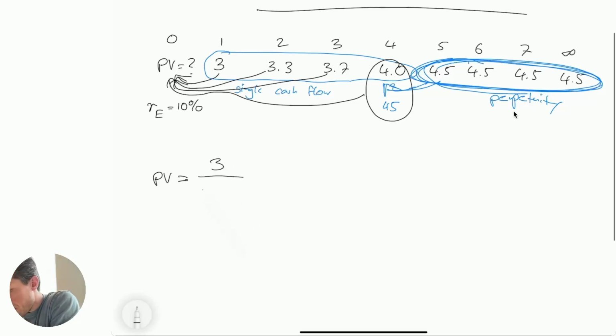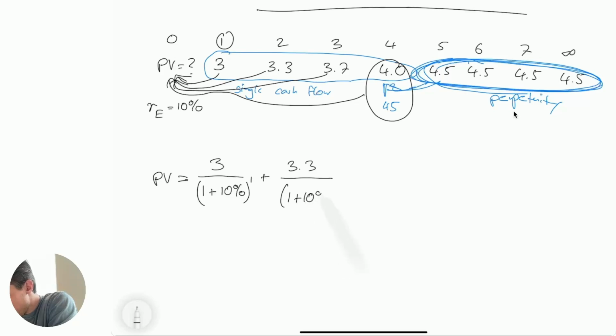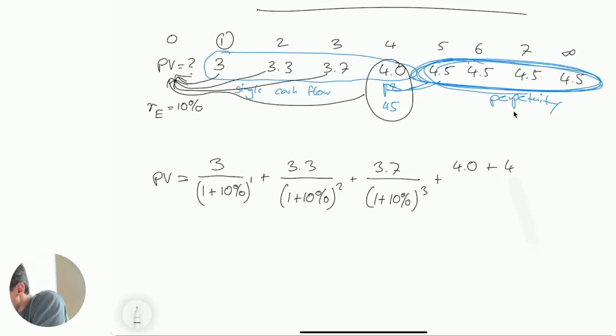3 divided by 1 plus 10% to the power of 1, because we're in year 1, plus 3.3 divided by 1 plus 10% to the power of 2, plus 3.7 divided by 1 plus 10% to the power of 3, plus 4.0 plus 45, this is our perpetuity, divided by 1 plus 10% to the power of 4.